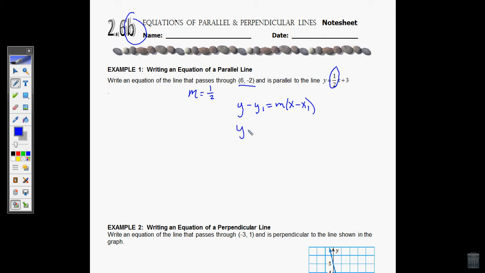Y minus -2 equals the slope 1/2 (x minus 6). I'll simplify this up a little bit, clean it up. Y plus 2 equals 1/2 (x minus 6). Beautiful. And I'm done. It's that easy.